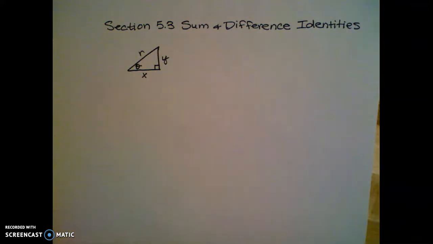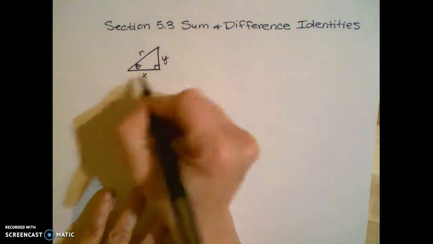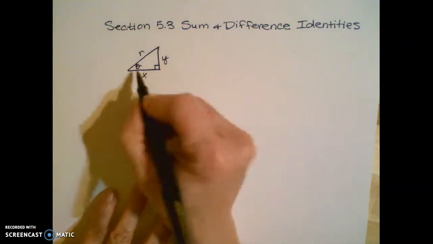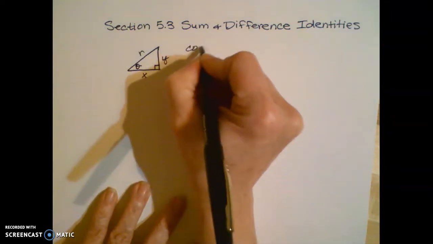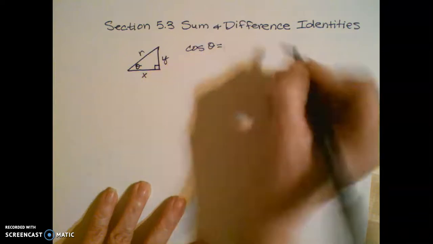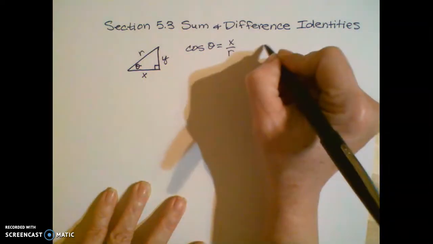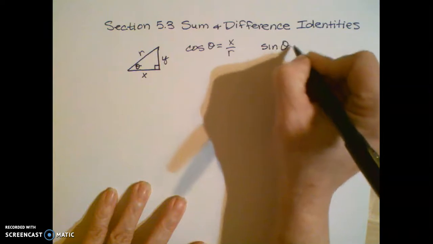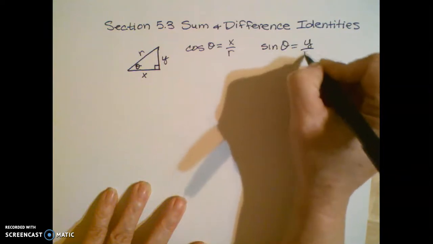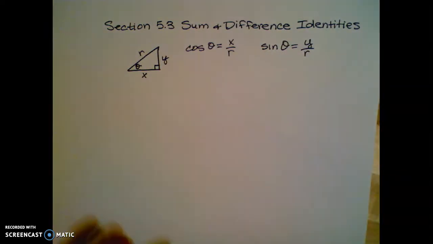And this is a format that we actually used in the previous chapter. Now if we start to use our just general right triangle trig information, then the cosine of angle theta is equal to the adjacent over the hypotenuse, x over r, and the sine of angle theta would be equal to y over r, the opposite over the hypotenuse.